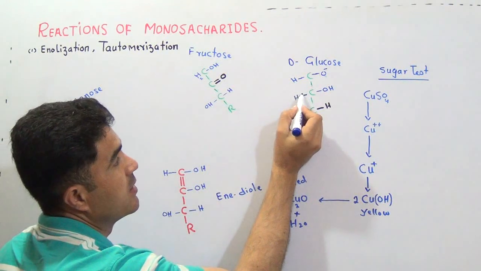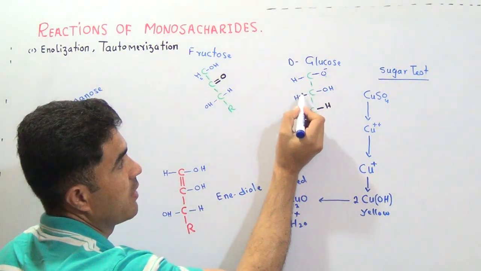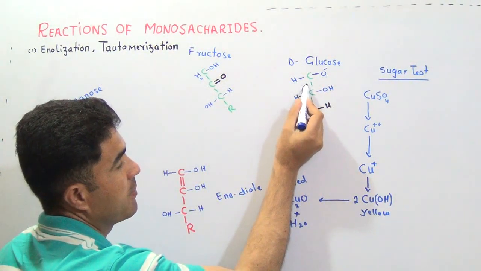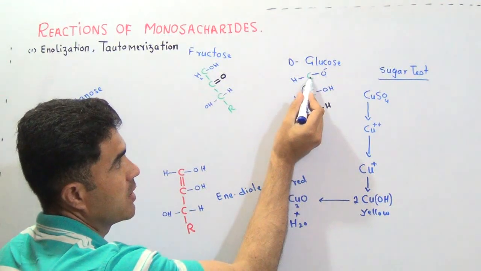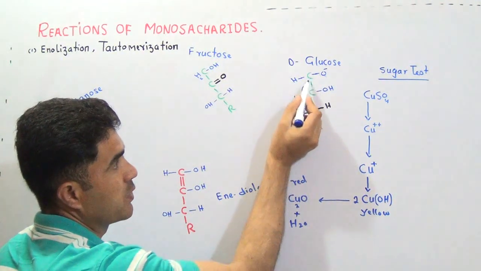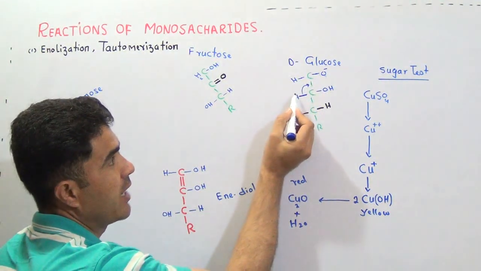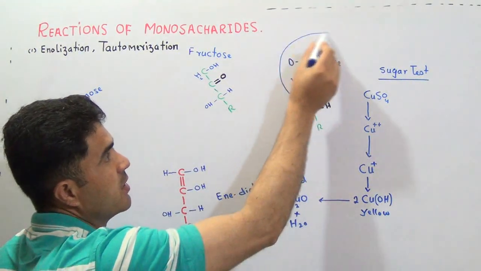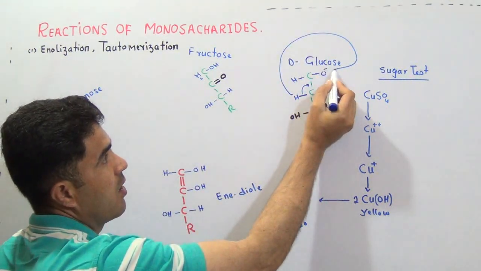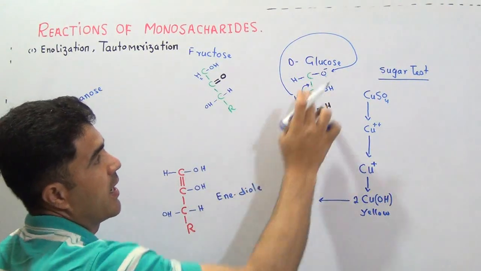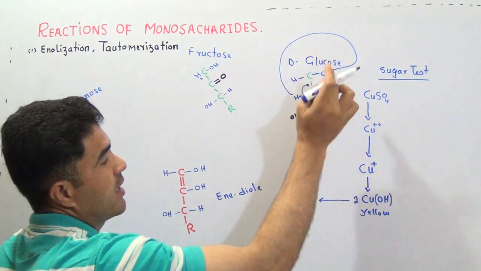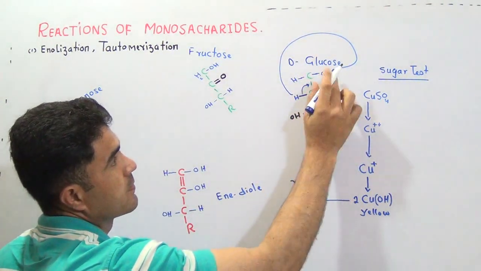So what will happen? This bond between the carbon and hydrogen will come here, and in between carbon number 1 and carbon number 2, it will adjust here, while the hydrogen atom will be shifted towards the oxygen, and a structure like this will be formed.